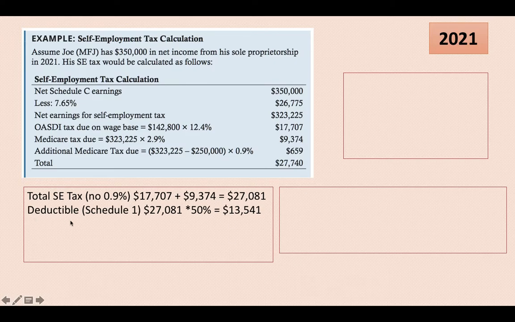So you get a deduction of 50% of this SE tax, which is 13,541. So you can see this one will reduce your marginal income by 13,541. Your marginal income tax rate is 24%.